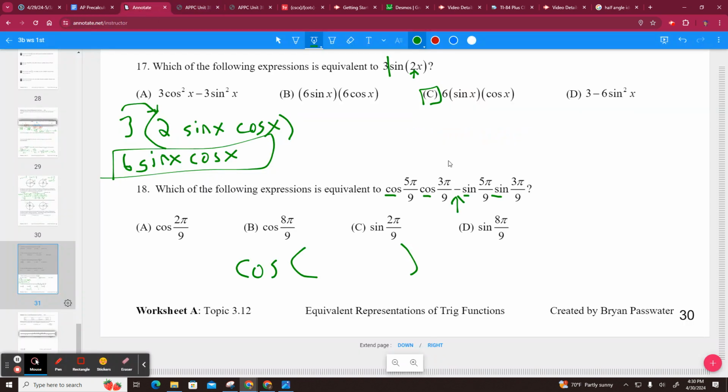So like, this is basically cosine alpha cosine beta minus sine alpha sine beta. Like, it's using that form. And because this is a minus, I know that the formula was a plus because it's backwards on cosine.